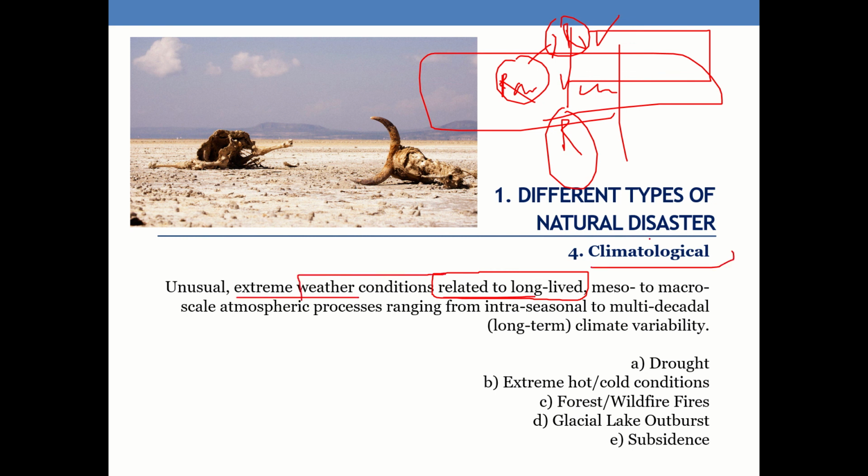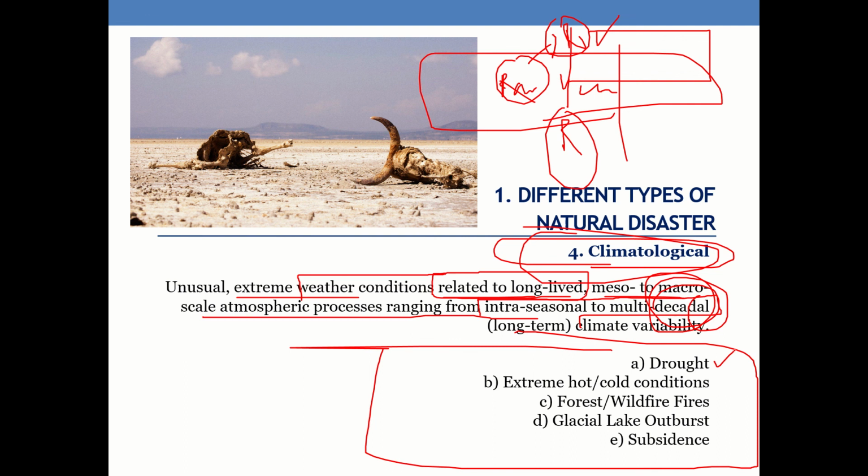A climatological event disaster can be weather related conditions, which is long lived, meso to macro scale atmospheric process from intra seasonal to multi decadal. It can happen for decades. Okay, the problem can be so acute that for years we may not get rain, or for years we may have this drought like conditions.